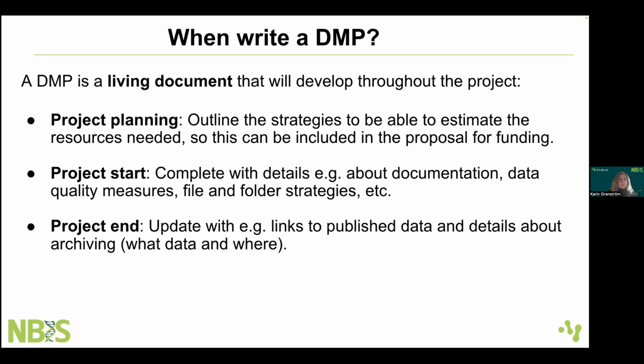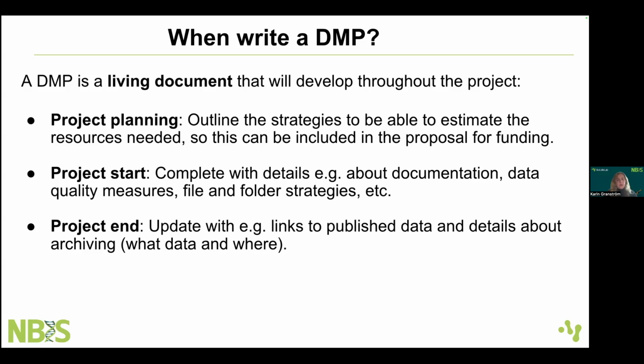The data management plan is a living document that develops throughout the project, and the initial version is written at the same time as a project idea is emerging, and then it's updated as the project continues. So at the project planning phase, the DMP could outline the strategies to estimate the resources needed, and that can then be used in the proposal for funding.